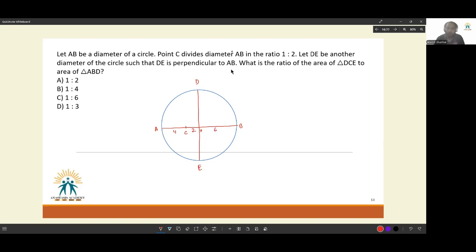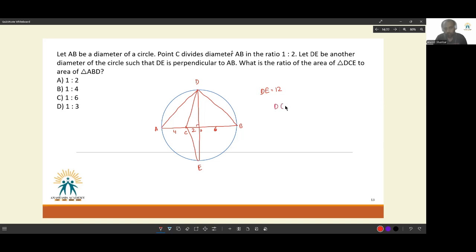Nice. Now we are asked what is the ratio of the area of DCE to the area of ABD. Area of the ABD and area of DCE. We are worried about this. We know radius of the large circle we have taken as 6. So DE will be equal to 12, which is diameter, and CO will be perpendicular to it.